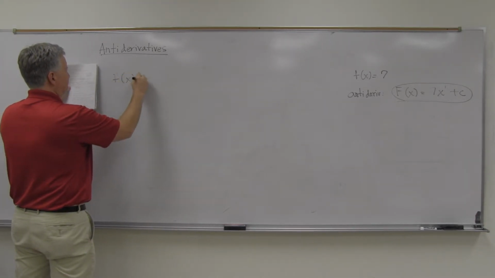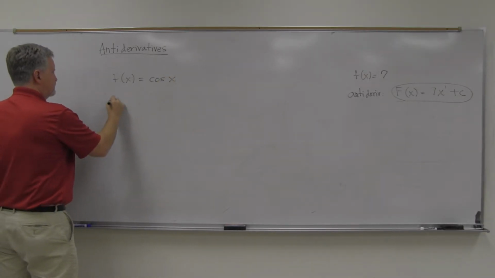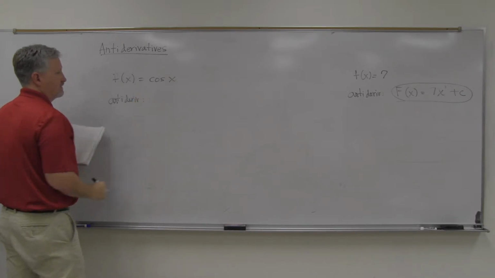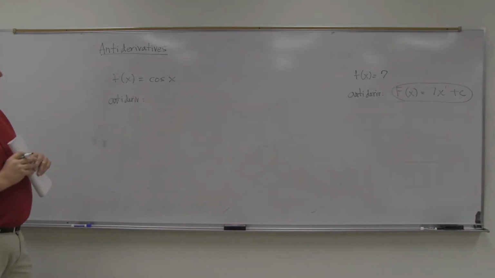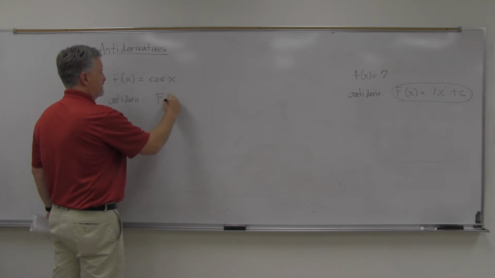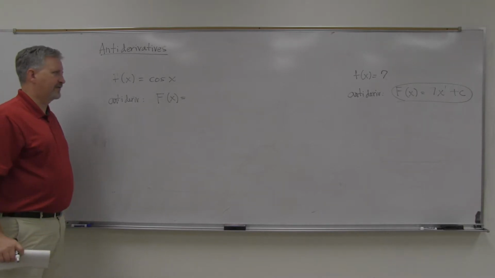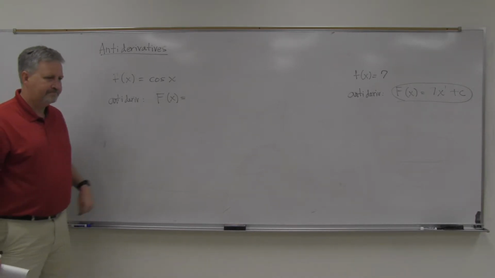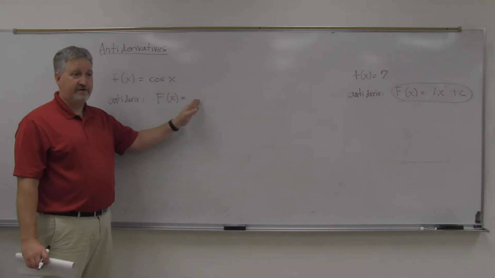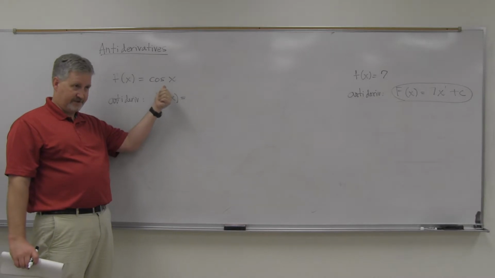Let's talk about the trig functions here. Starting with f of x equals cosine x, the antiderivative. What about that? Obviously not the power rule here. So what is the antiderivative? It is the function whose derivative is cosine of x.